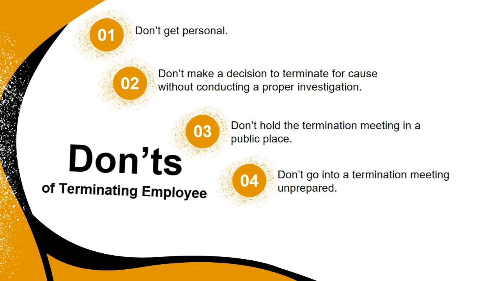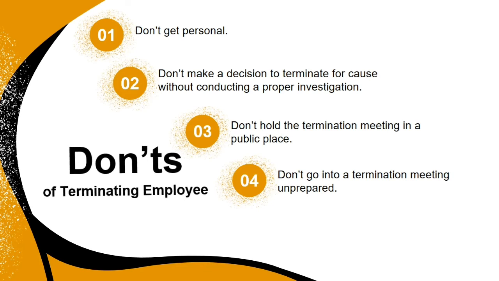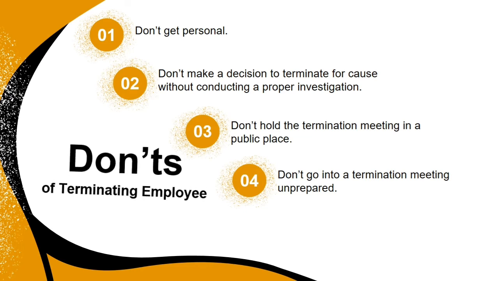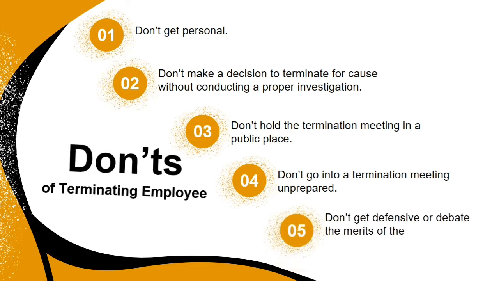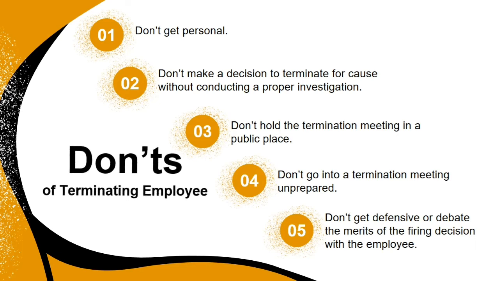You have to be prepared with all the necessary documents so that once asked, you have your reasons, you have your evidences to back up your claims. And the fifth one is don't get defensive or debate the merits of the firing decision with the employee. You don't have to be defensive. Why? Because decisions to be made shall be based on the merit of the charges in the documents that are being presented.